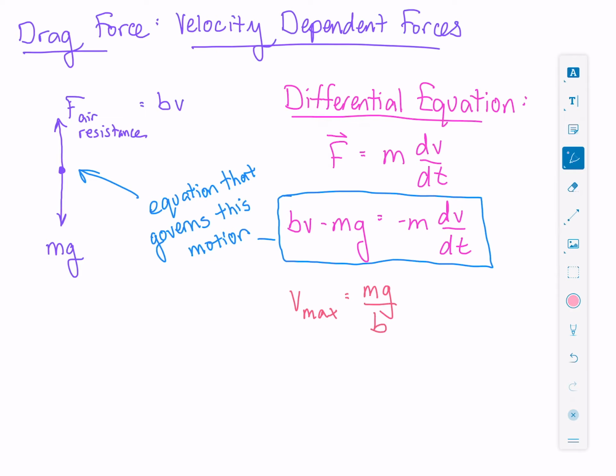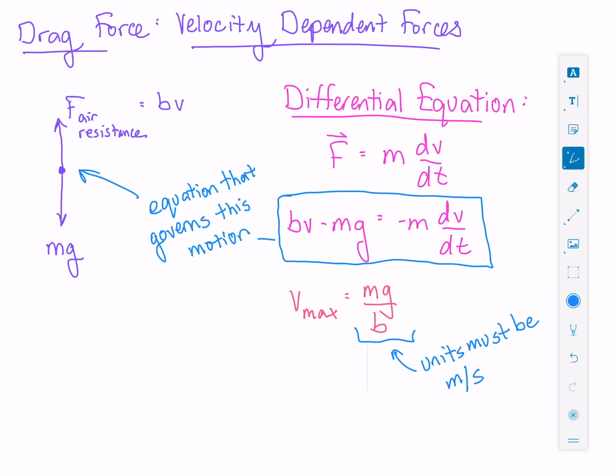It's worth noting the units of velocity are meters per second. So the units of mg over b must be meters per second. A lot of times an AP problem will ask you what are the units of b.